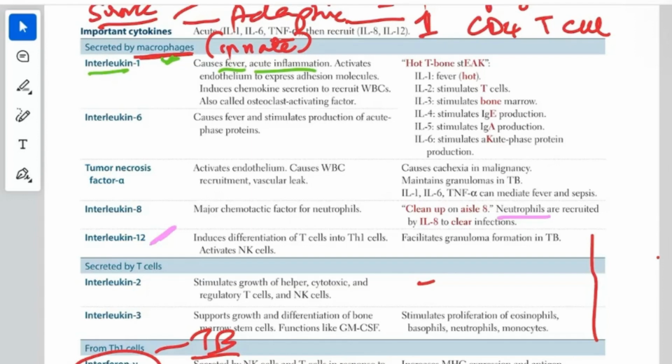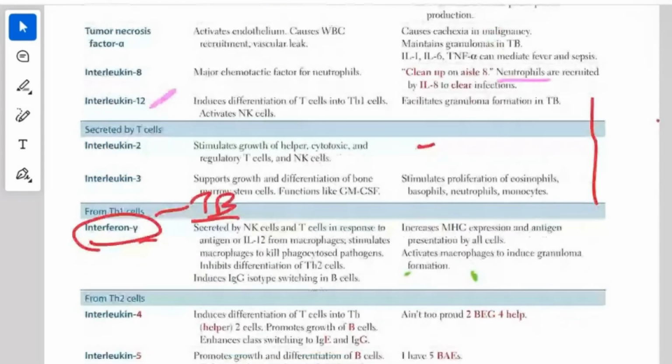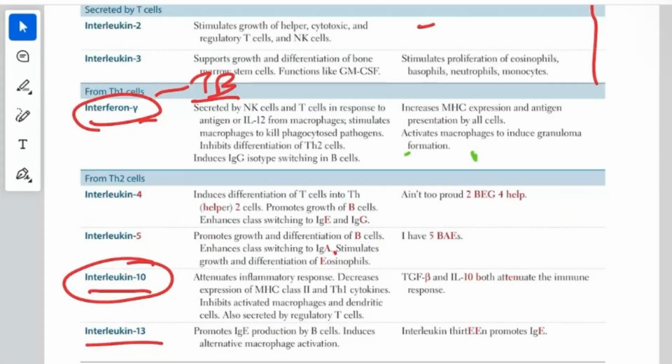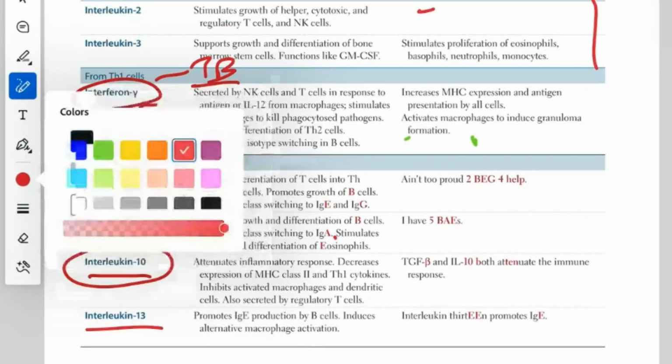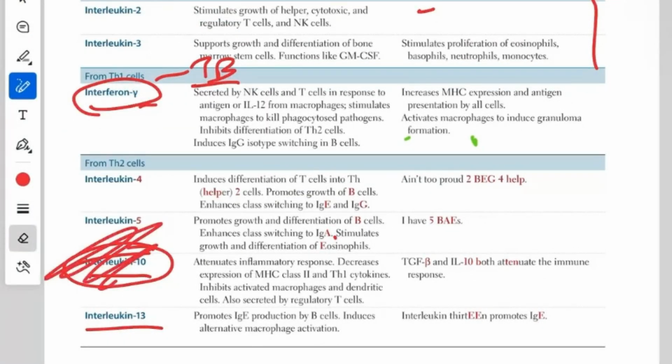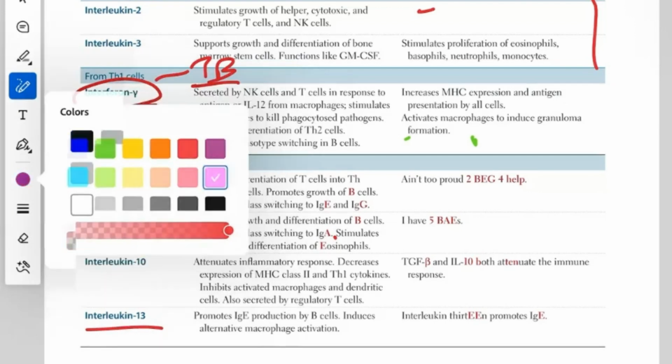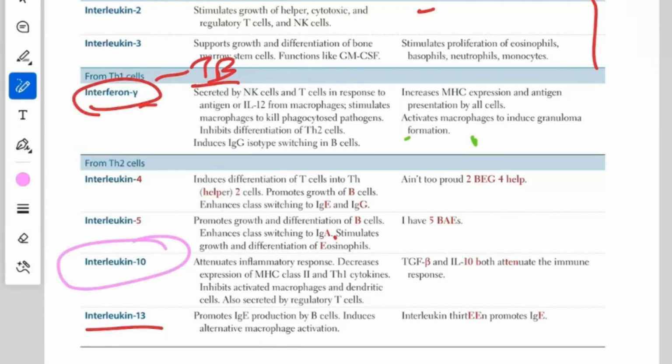They're all involved in inflammation, except this one. So when you hear TGF, transforming growth factor beta, and interleukin 10, they are anti-inflammatory.